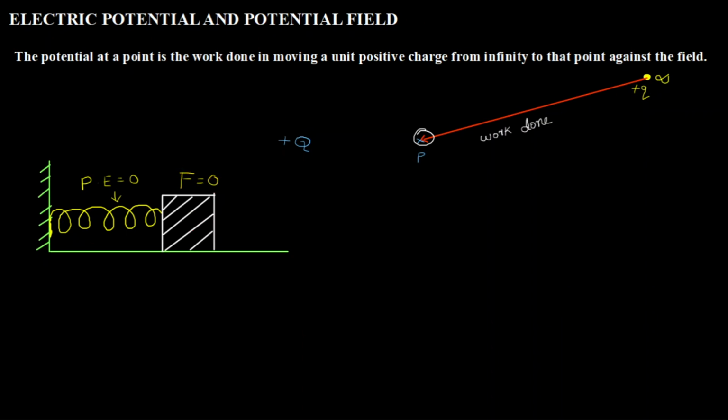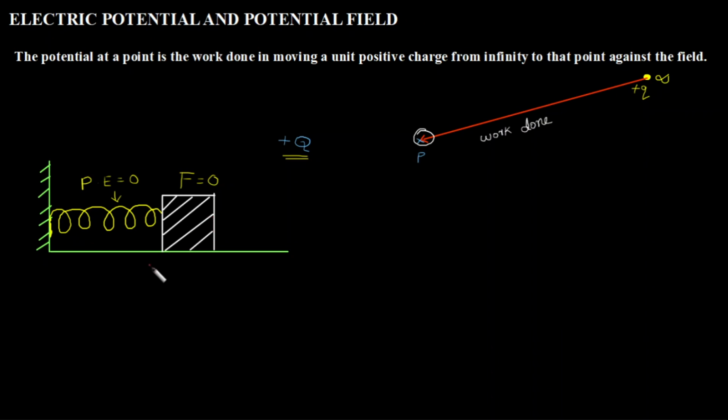Actually, this is the case when this plus Q doesn't exist. In the sense, I am not talking about against the field. So, if I consider a point P in a free space where plus q is not there, then this system can be approximated as this system.